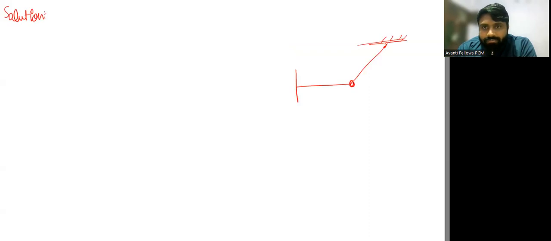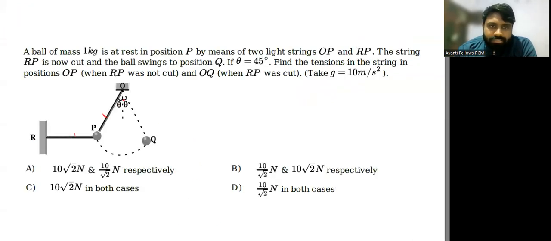This is the ball we have, and it is RP. When RP is cut, the ball will be here at Q. Half of the angle is 45, and this angle is also 45 because this is theta, and this is theta given in the question.